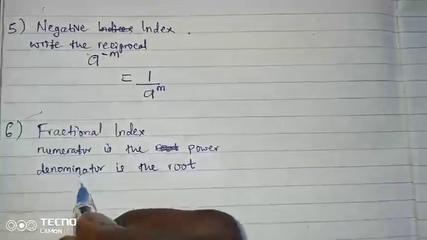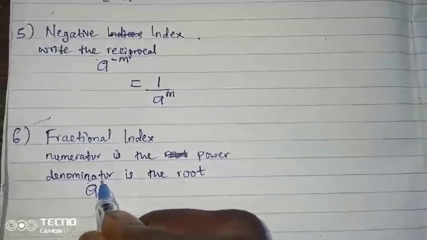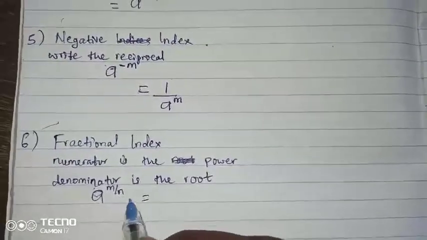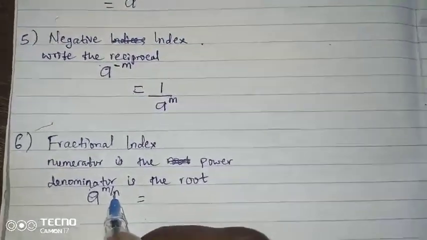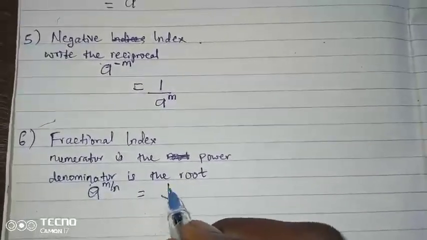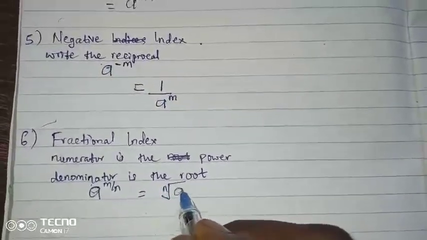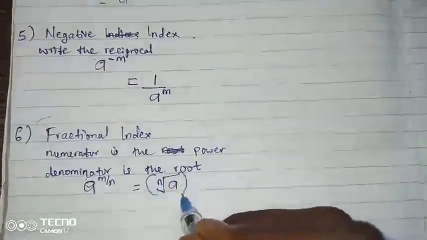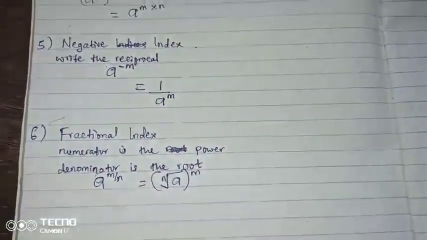So if, for instance, we have a to the power of m over n, it simply means that the denominator, which is n, is the root of the term. So I will simply put n root a, while the numerator, which is m, represents the power.